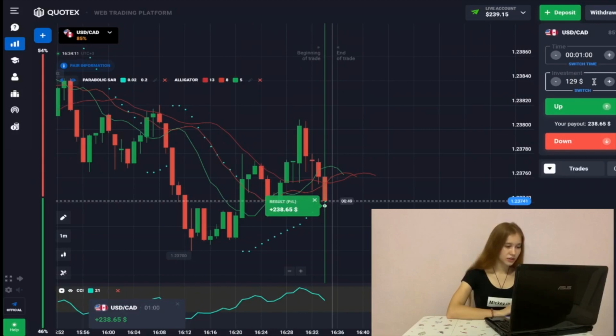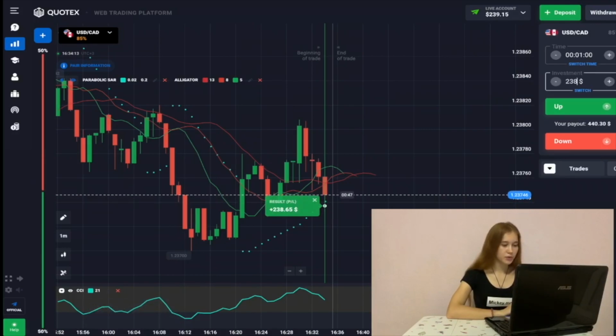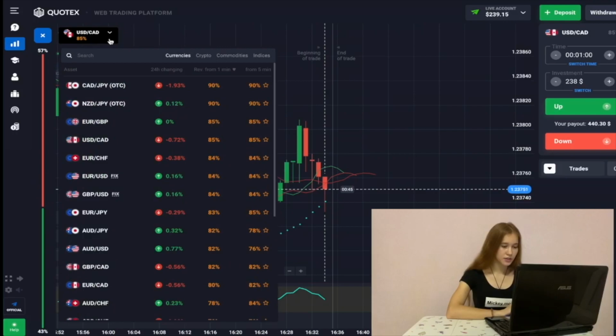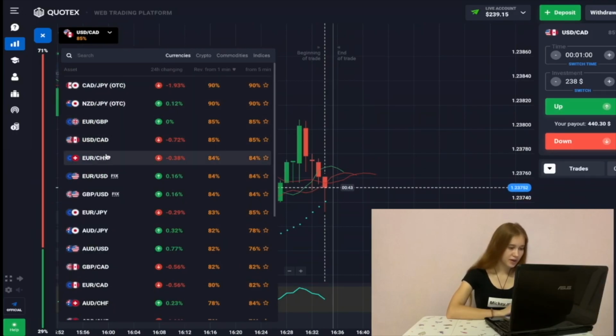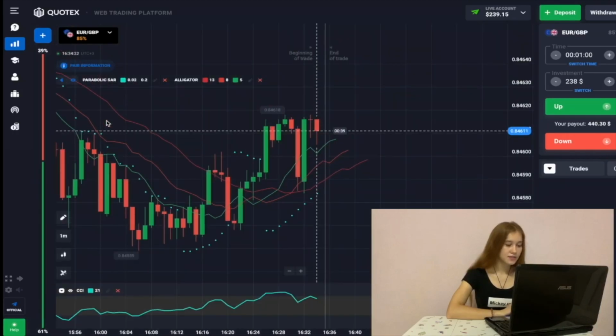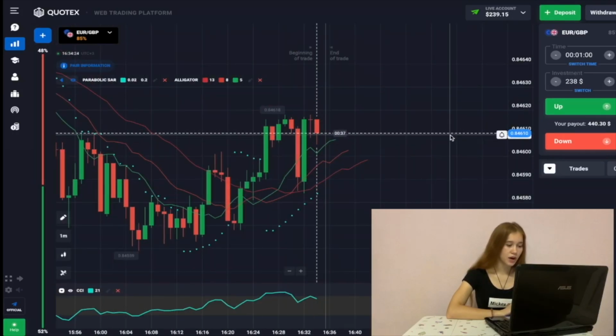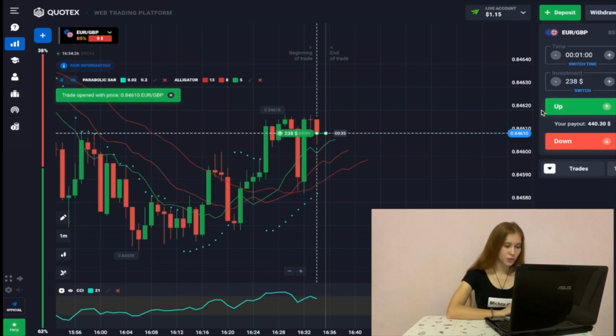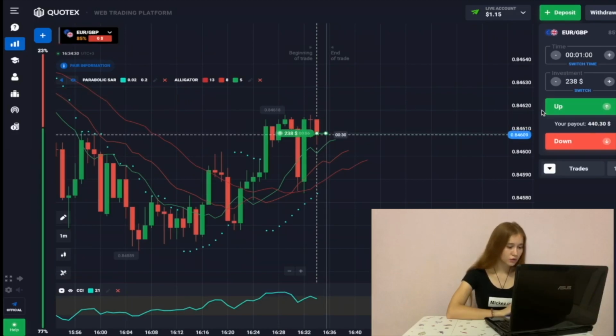So we successfully closed our trade, but we don't stop here and switch our currency pair and use a higher payout percentage. At this stage we can open our uptrend as we see that the moving line of the alligator indicator is sending the trend up in the overbought.